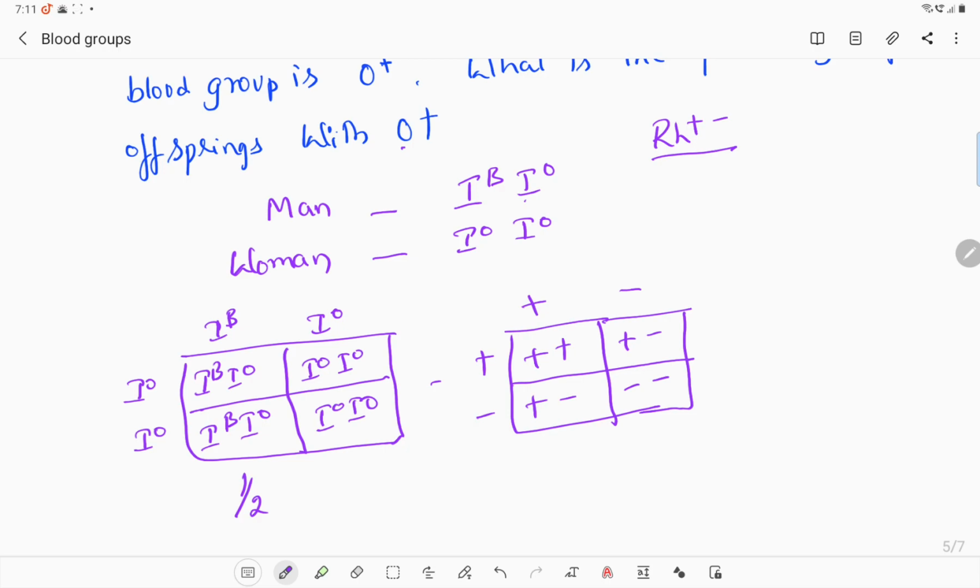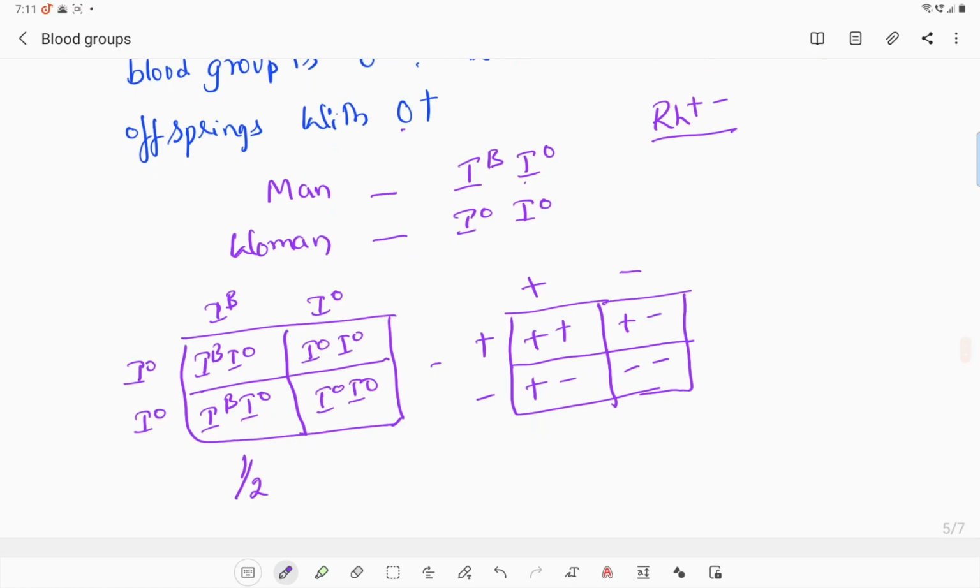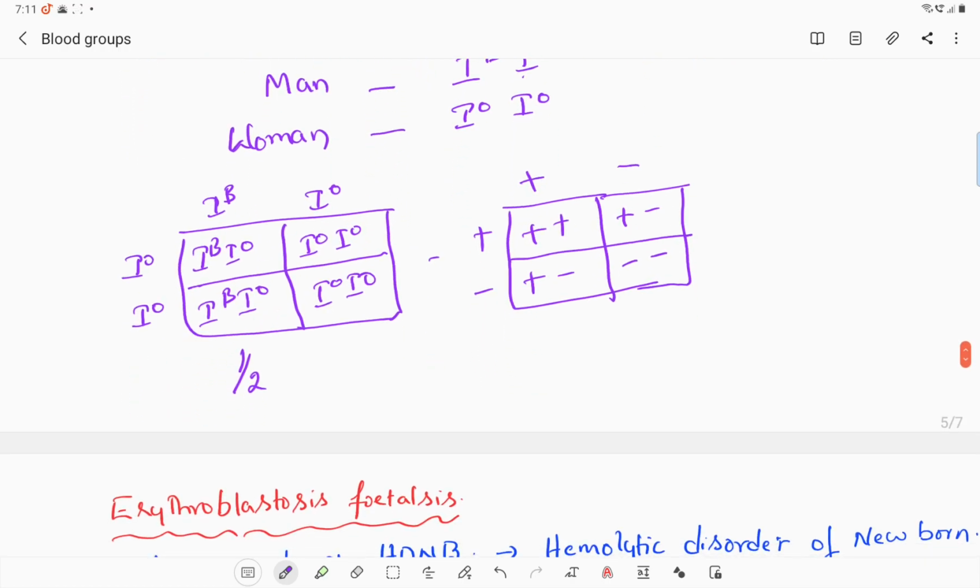Then he is asking offsprings with O positive. O positive means how much are we getting? We go for O positive, it is getting 1, 2, 3. 3 by 4. It is 3 by 4.